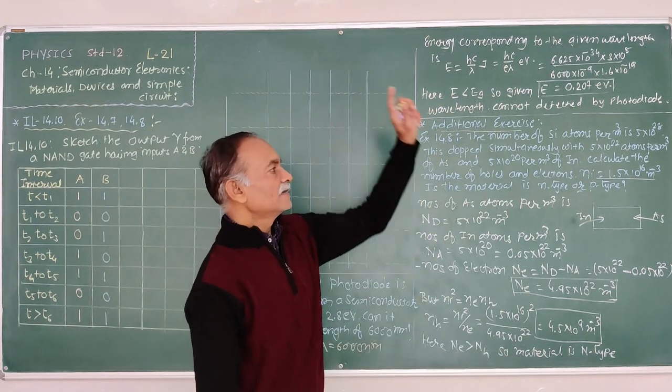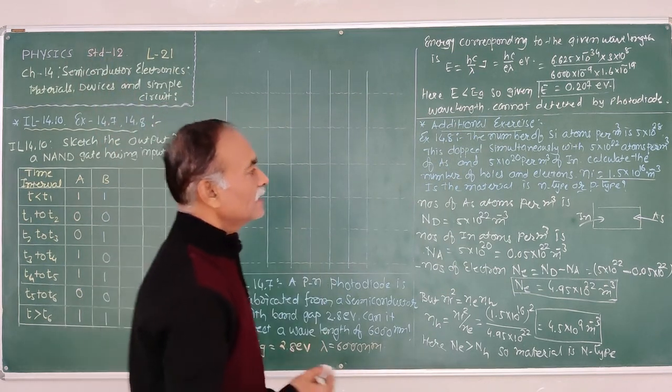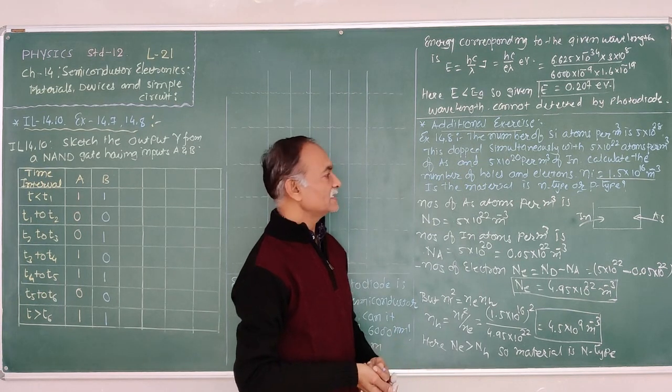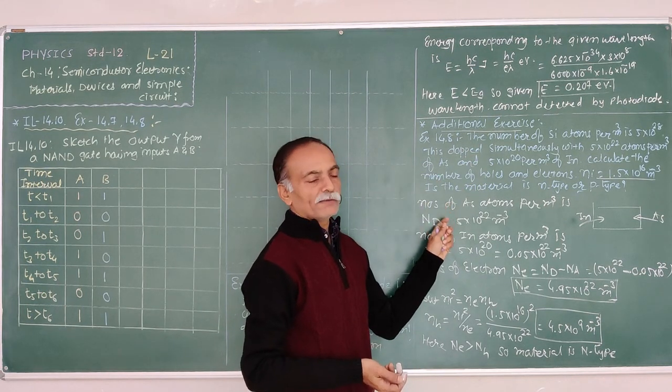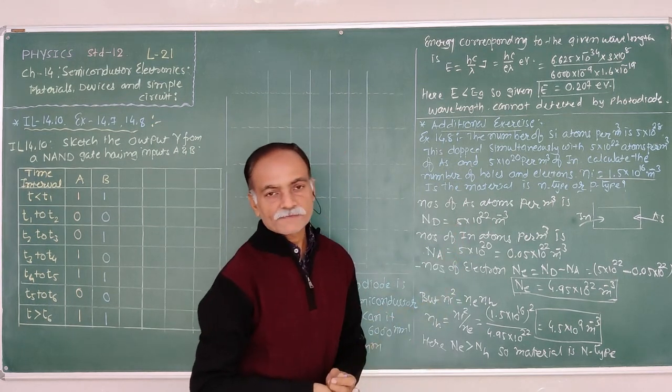Now listen, here two types of impurity atoms are added in the silicon crystal, arsenic and indium. Arsenic is the donor impurity atom. Therefore the number of atoms per meter cube of arsenic is Nd.